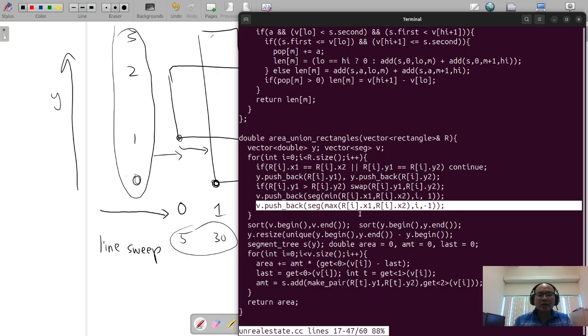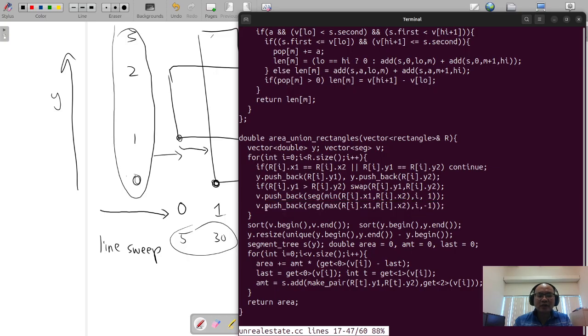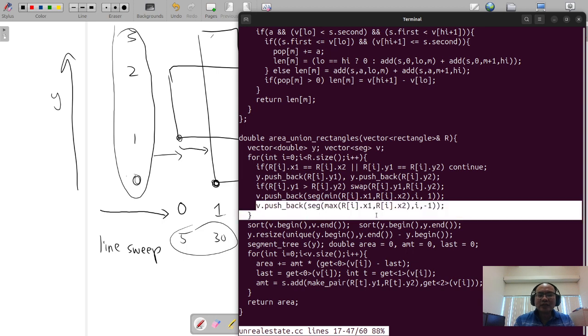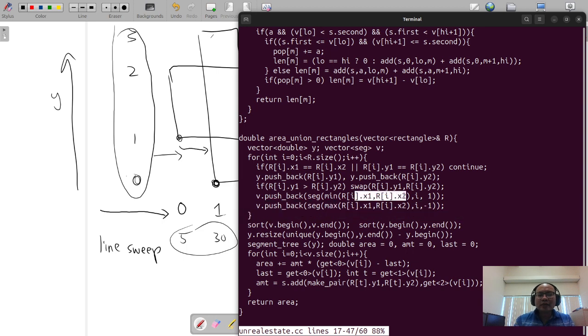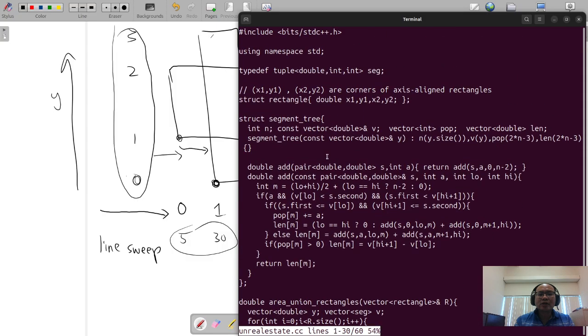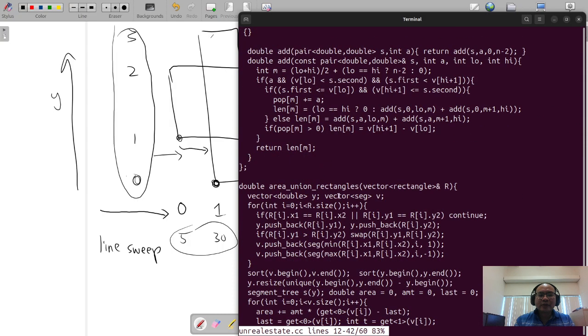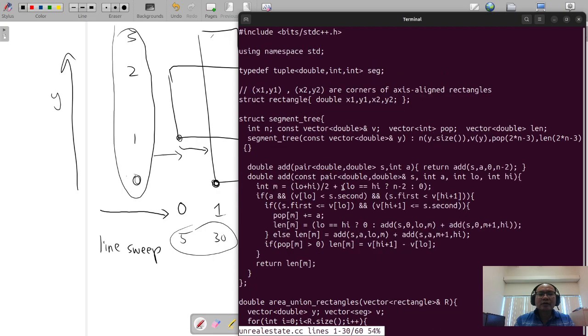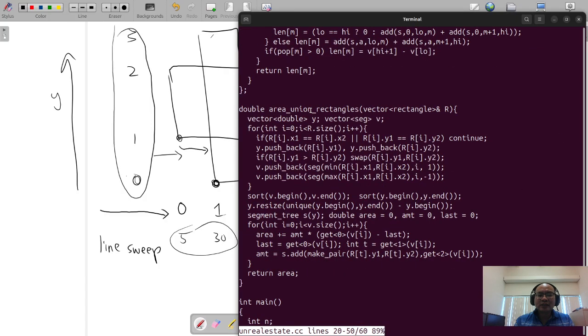No, okay, hang on. So no, this is scanning with X. So okay, this is scanning in X because when you are the minimum of X1 and X2, that's when you enter the segment. -1 means you are supposed to remove the segment. Okay, where's the segment? Vector seg. Oh, yeah, segment is just a tuple that keeps track of what's going on.